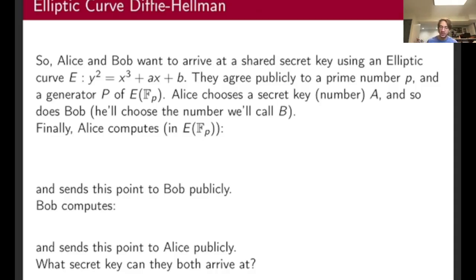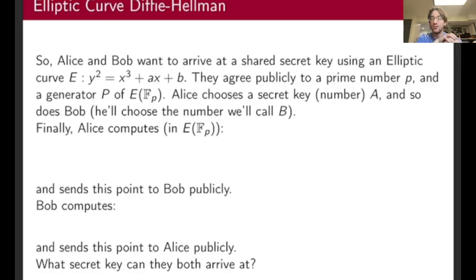So they agree publicly on a prime number, little p, and a generator, capital P, of the elliptic curve E of Fp. Again, all of that information is communicated publicly. In fact, in modern cryptography, there's only a handful of elliptic curves that most people use in practice. So they can say, go use a particular curve, such as curve 25519, which is typically used for the Diffie-Hellman key exchange.